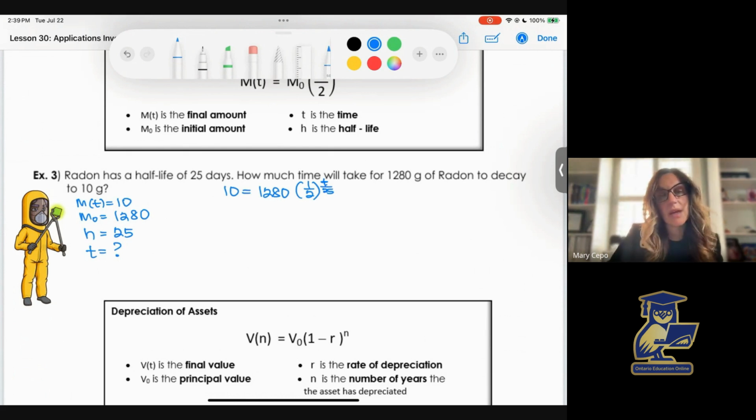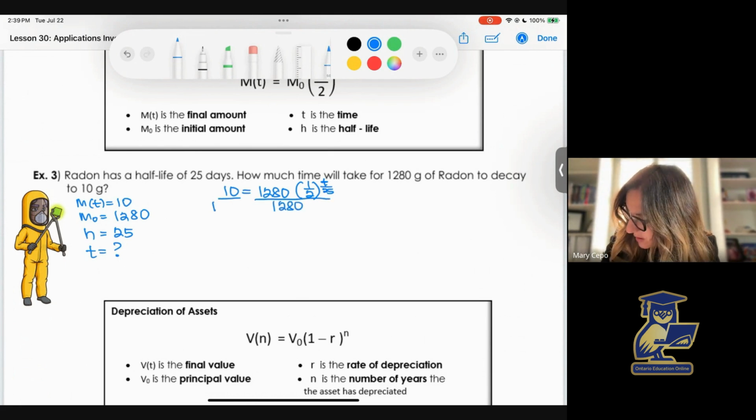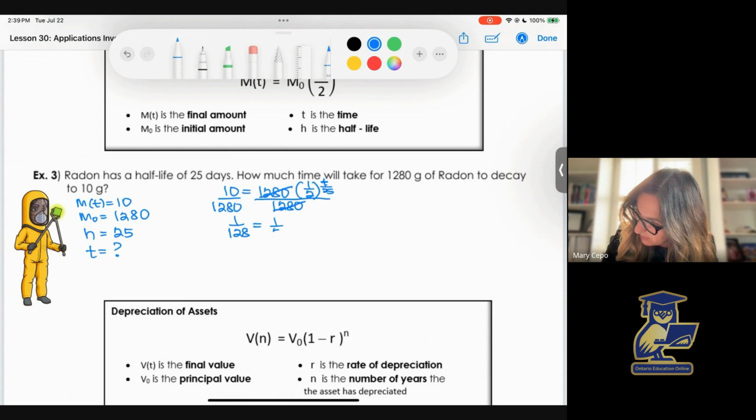Okay, so we want to get the exponent by itself. The first thing we want to do is get rid of this a value up front. So we're going to divide both sides by 1,280. That will get rid of that. If we simplify that and divide both of those by 10, we're going to just leave it as a fraction, 1 over 128, is equal to 1/2 to the exponent of t over 25.